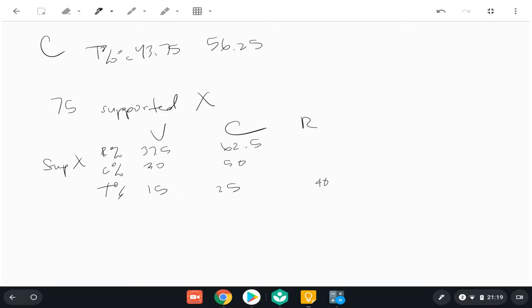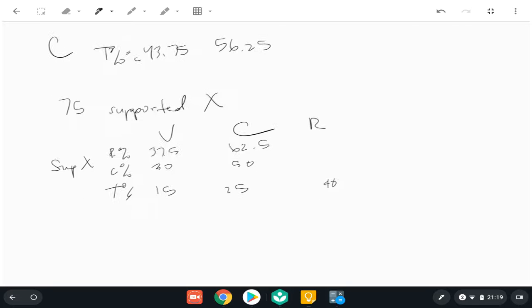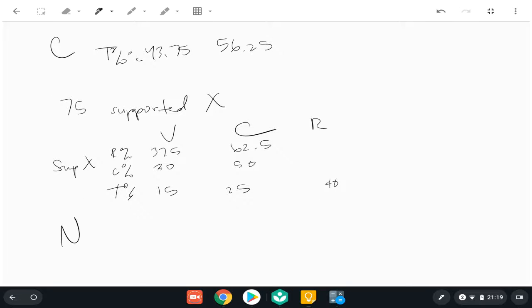And not X: R percent, C percent, T percent. 58.3, 70, 35, 41.7, 50, 25.